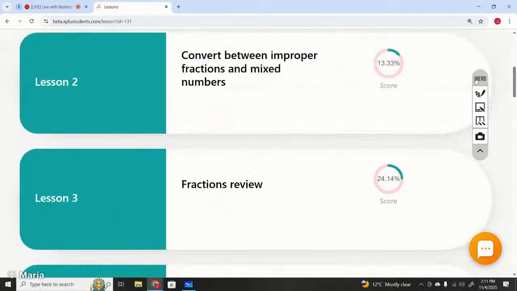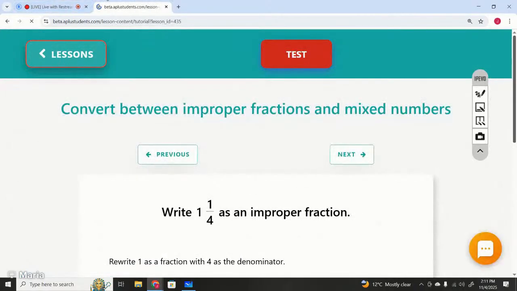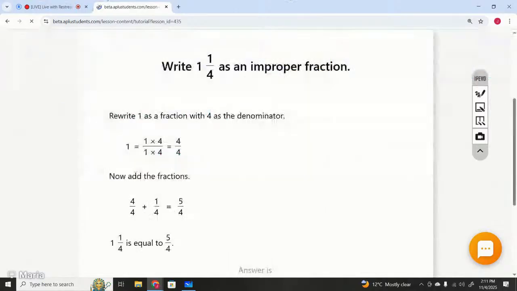The next lesson is convert between improper fractions and mixed numbers. Write 1 whole 1 by 4 as an improper fraction. So now we are going to learn how we write fractions as improper fractions. So 4 is the denominator, right?